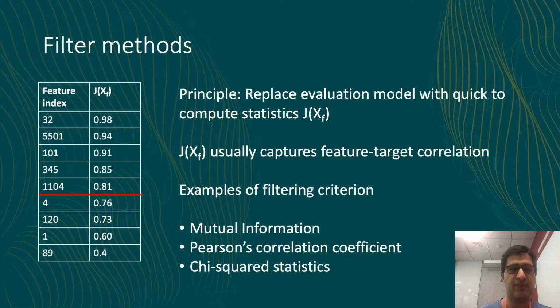Let's say in this particular case you had a budget of 5 features, then you select the top 5 features according to the goodness of feature metric. Some of the goodness of feature metrics that tend to be popular are mutual information, Pearson's correlation coefficient, or a chi-square statistic, and they give you good estimates of which features are predictive in the final model.